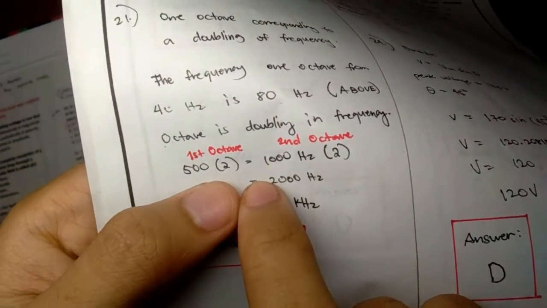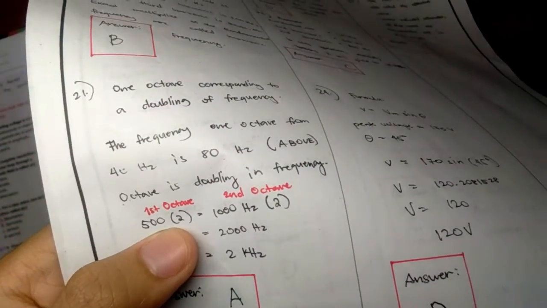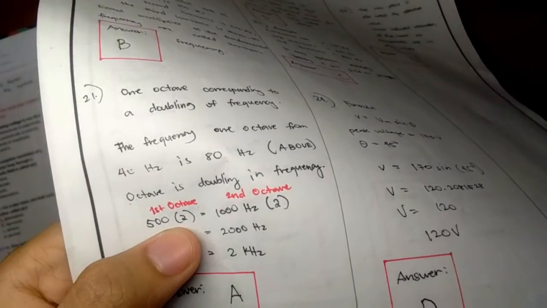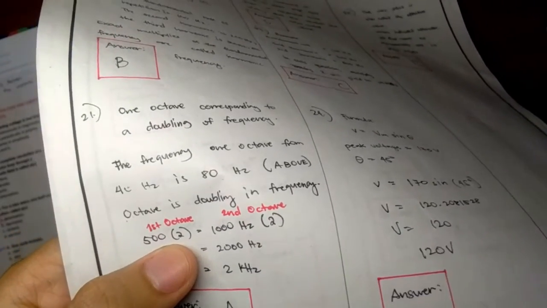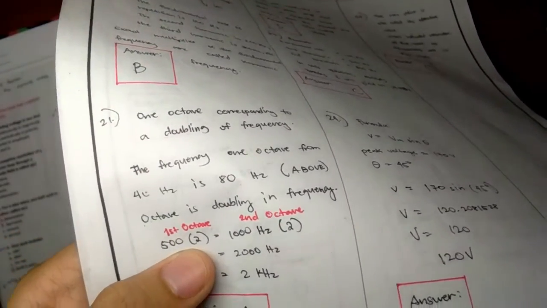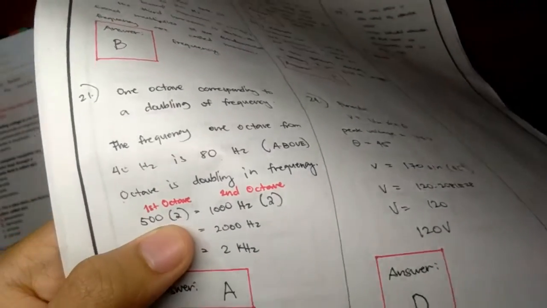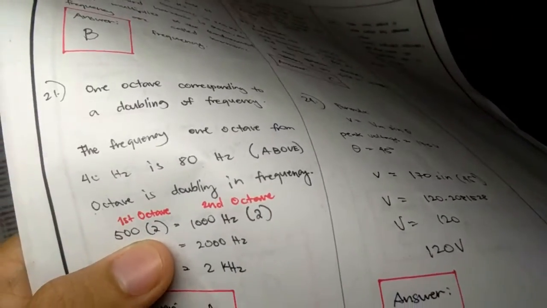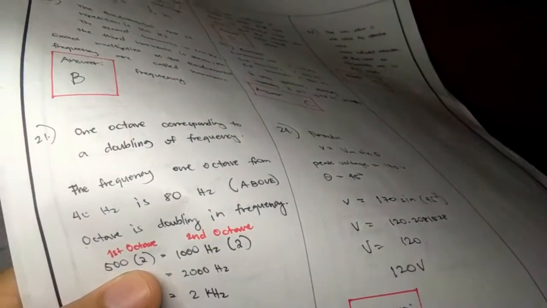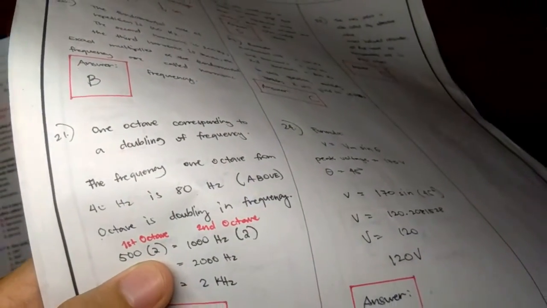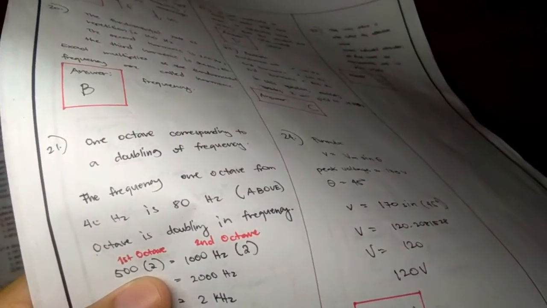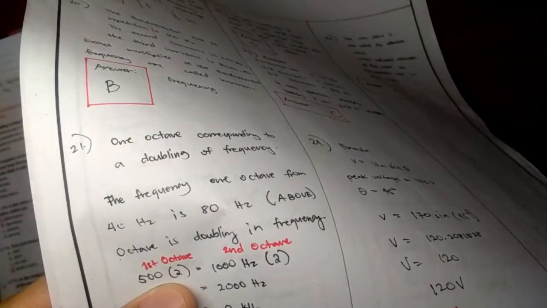The first octave, on a piano or keyboard, when you click the letter C, then C, D, E, F, G, A, B, C. From C3 to C4, that is already 1 octave.